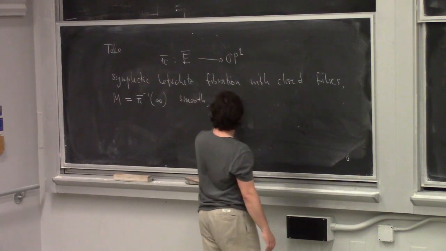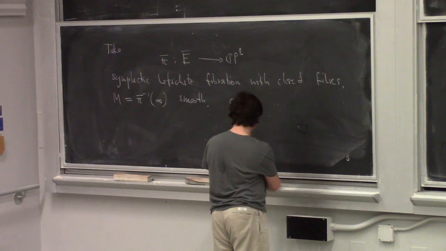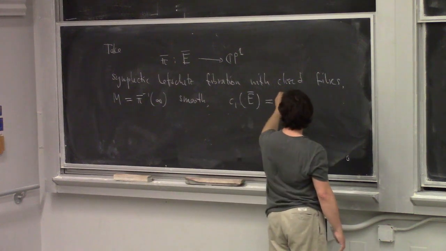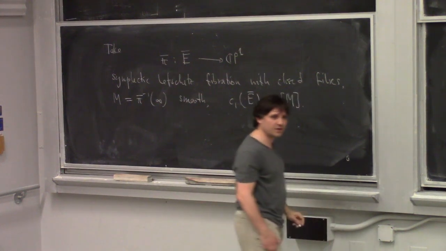And now I'm going to say the same thing as before, which is that the first Chern class is proportional to the class of the fiber. Okay?